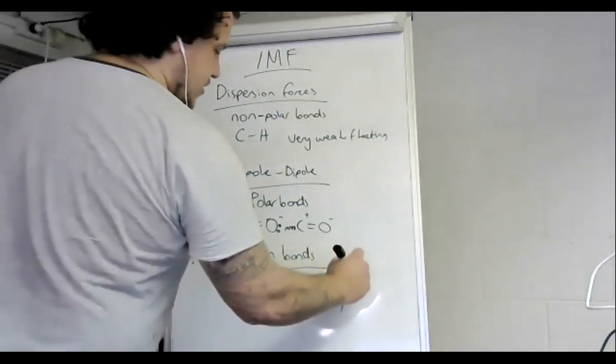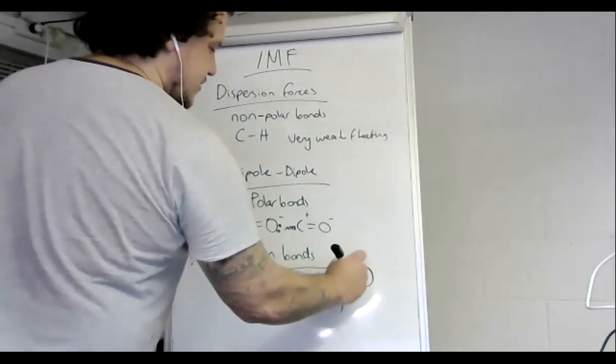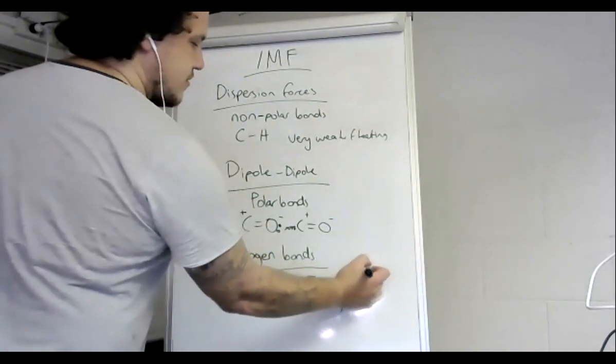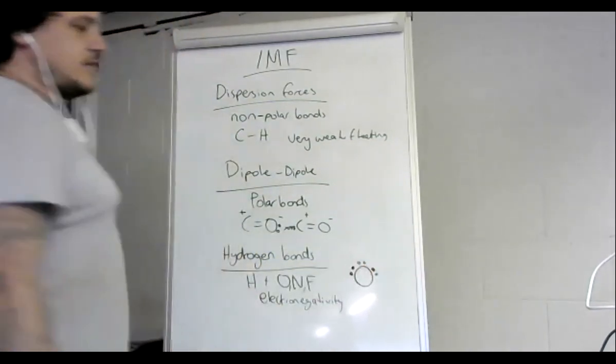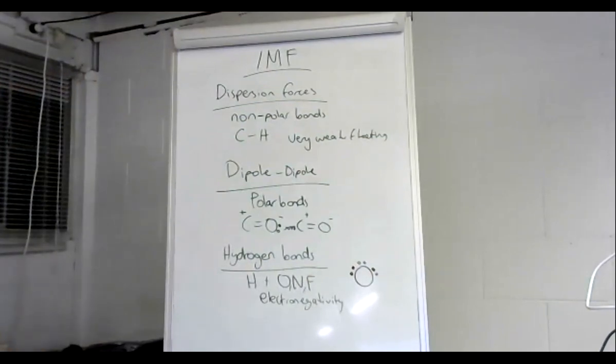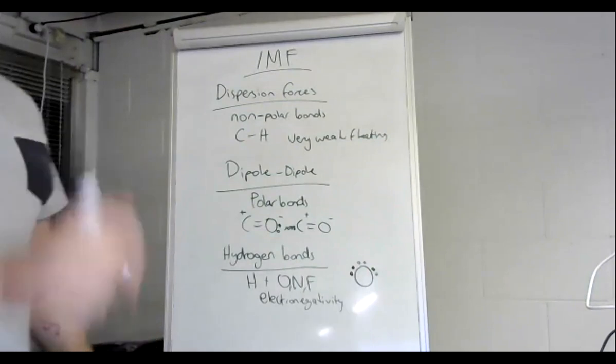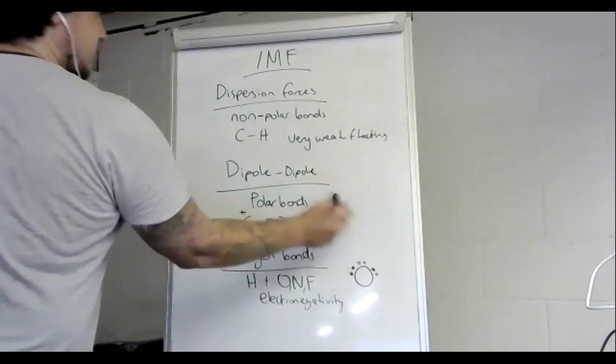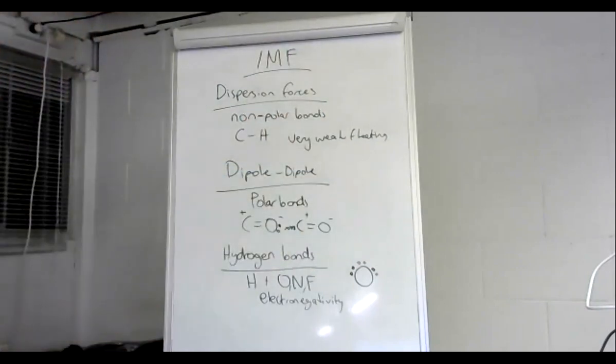In here, oxygen has 3 pairs. There's 3 pairs of extra electrons, and then it steals the electrons from hydrogen as well, because it's very greedy. So, strongest, middle strongest, weakest.